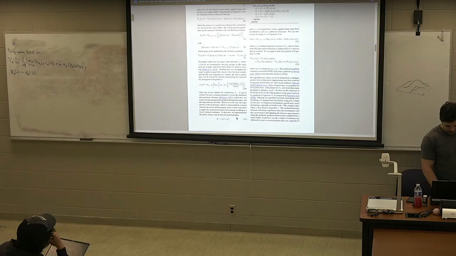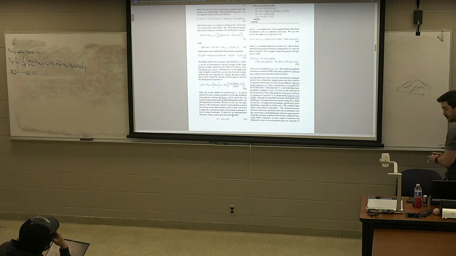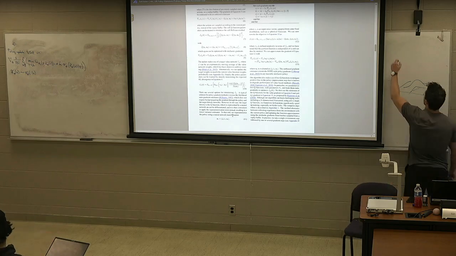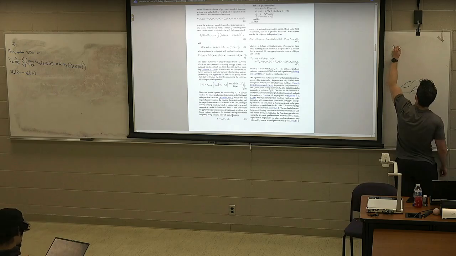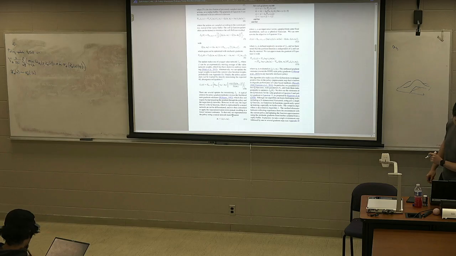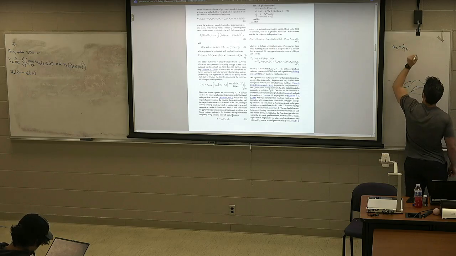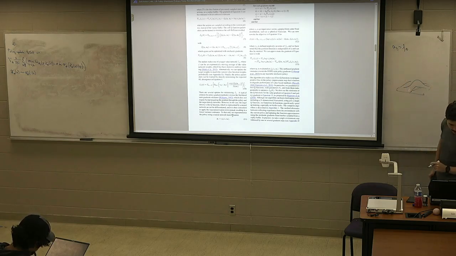We reparameterize the policy using a neural network transformation. So the action at time t, the sample, is equal to f theta, should be phi.